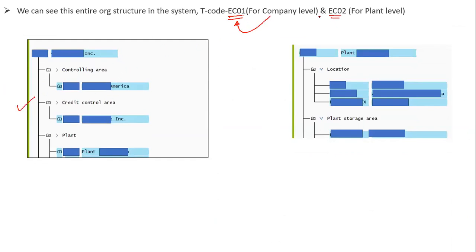And if we put the T code EC02, that is at the plant level. So once you have created the org structure, just put the T code EC01, and you can see your organization structure at company code level. And if you put EC02, you can see your organization structure at the plant level. So that's it. Let's stop here.